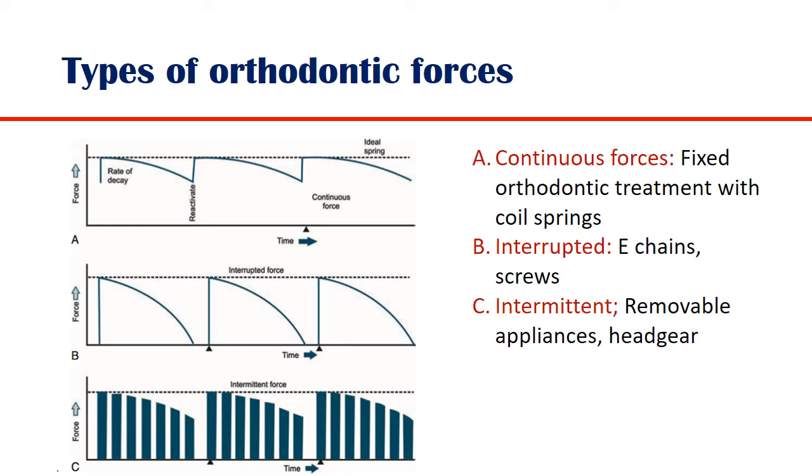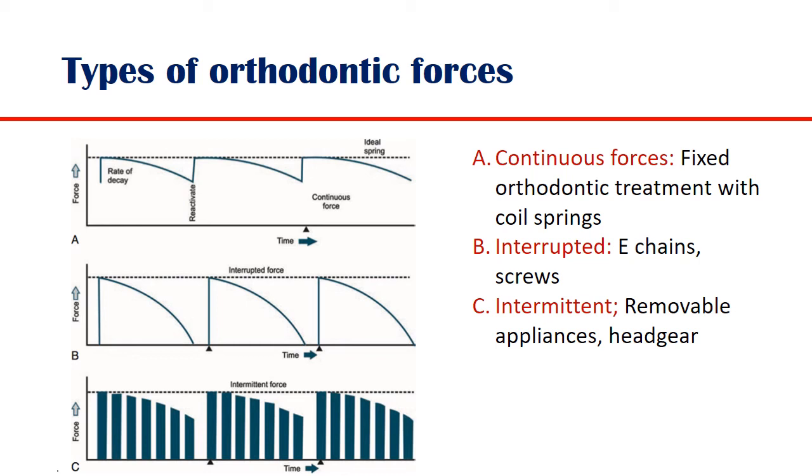Does continuous force mean that they will have an equal amount of force for a long span of time? No, you will see that there is a certain decay, and then again there is a reactivation, then it reaches the force level, then again there is a decay, but the force level will never reach zero between the appointments. Okay, it is not going to reach zero.